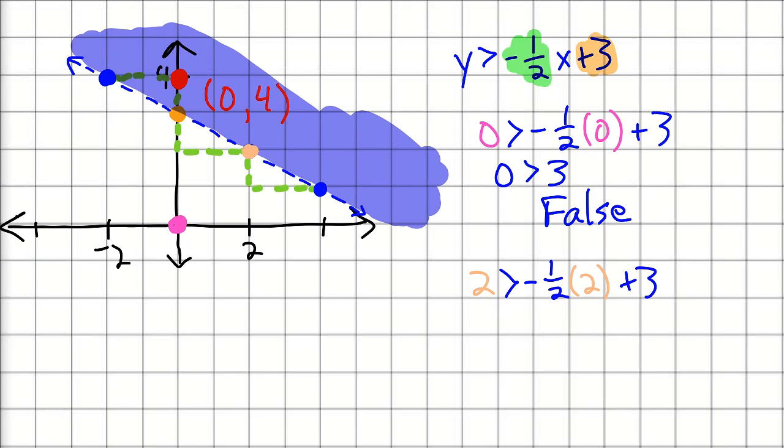This -1/2 times 2 is -1, so we have 2 is greater than -1 plus 3. -1 plus 3 is 2, so 2 is greater than 2, and that is false. If there were an equal sign here, it would be true, but since there's no equal sign, it's false. For any point on the line, and this is always true, you'll come out with a situation like this. Okay, questions?